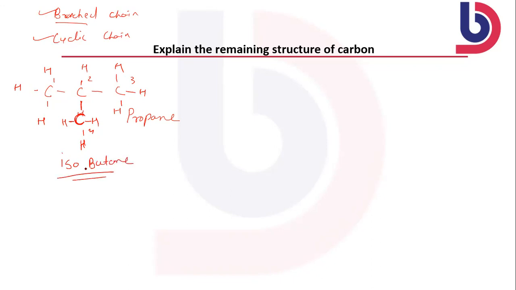Now, why is it iso? Because iso means if your branched carbon is attached to the second number, the second least carbon number of the chain, then it is known as isobutane.